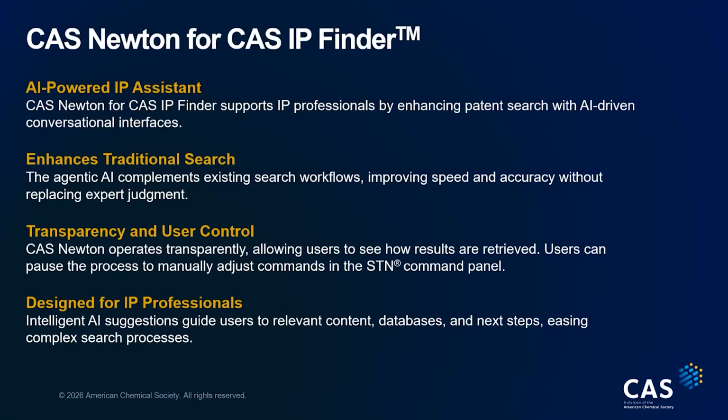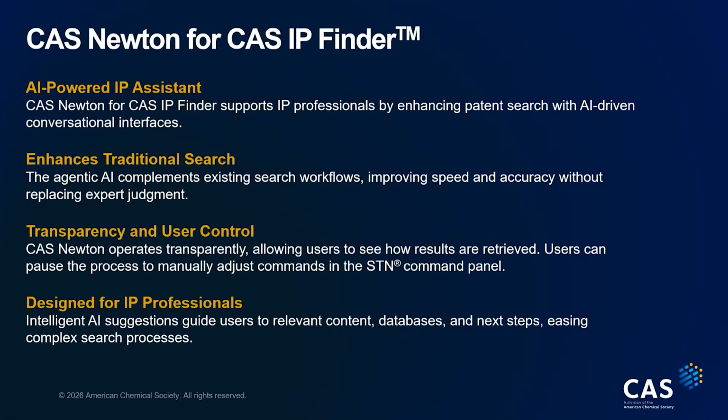Keep in mind that if we're really honest with ourselves, STN, and IP Finder for that matter, serves a different type of searcher than SciFinder does. Right? SciFinder is really focused on research scientists. IP Finder is named that way because it is designed for intellectual property workflows.